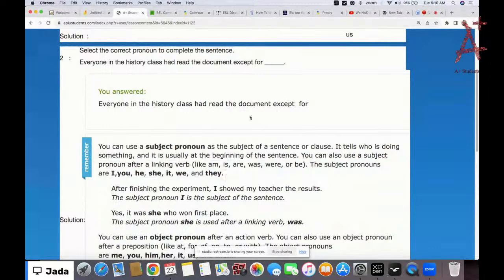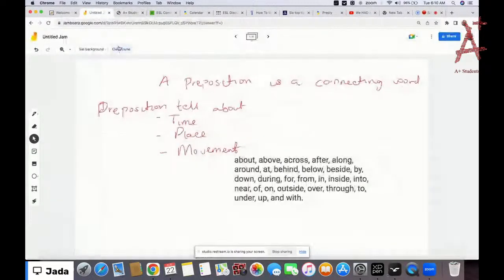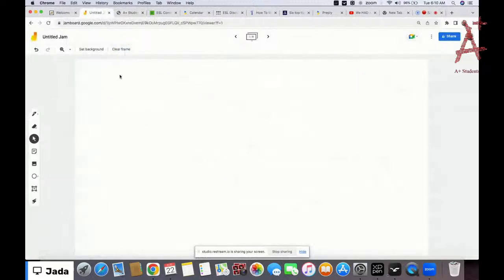I'm just gonna write them down for you all. So we have the linking verbs. So these are the linking verbs.